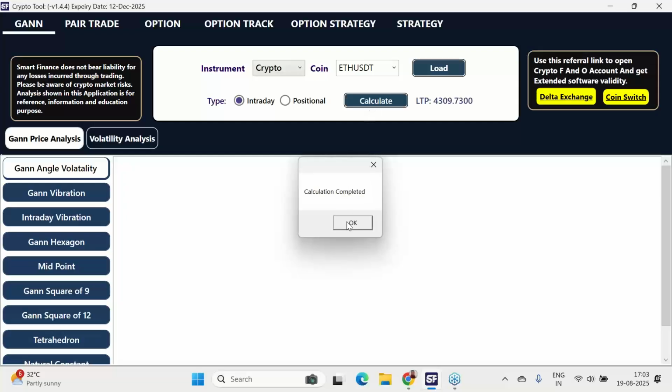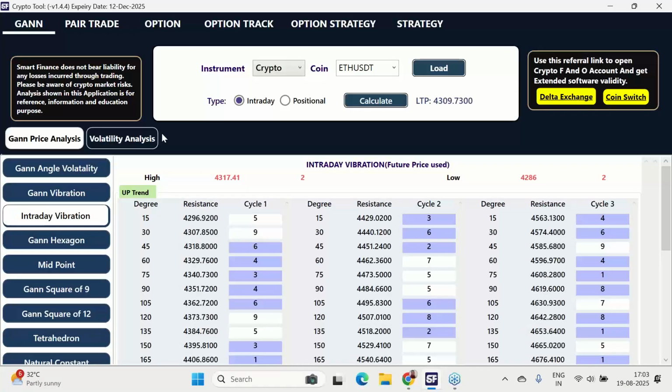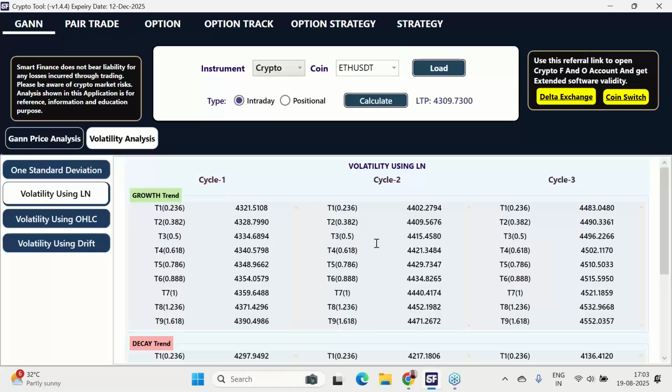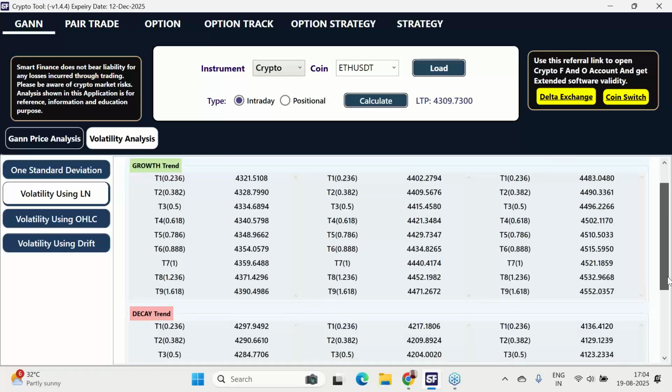I will calculate, then I will go to the GAN vibration. Some vibration numbers are coming here, so intraday vibration, and I'll go for this study. Currently at 4309, it is telling me these figures, growth trend and decay trend, based on the volatility parameter.